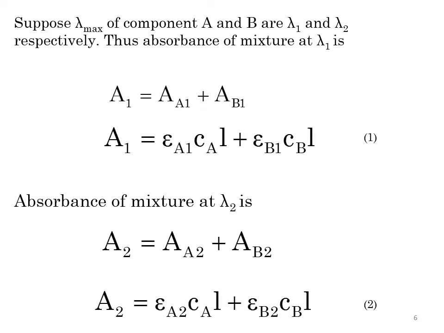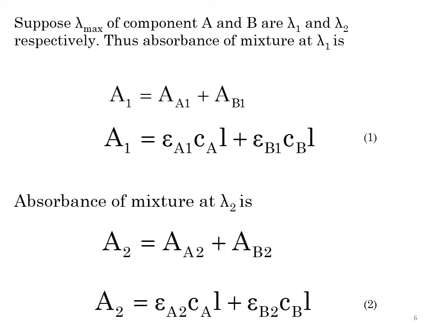In terms of Beer-Lambert's law, this equation can further be written as capital A1 equals epsilon of A1 into concentration of A multiplied by the path length plus epsilon of B1 into CB, the concentration of component B, multiplied by the path length of the sample holder.